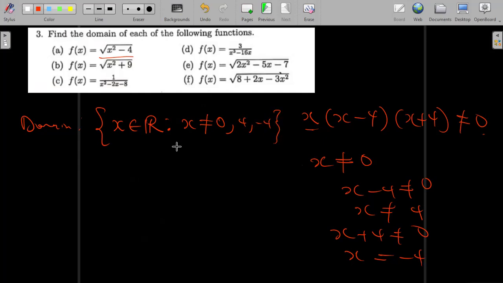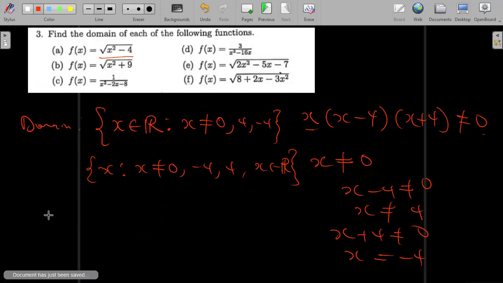So x should not equal these values. Somebody can also choose to say the domain is the set of x such that x is not equal to 0, negative 4, and 4, but we're saying x is a member of the real numbers.